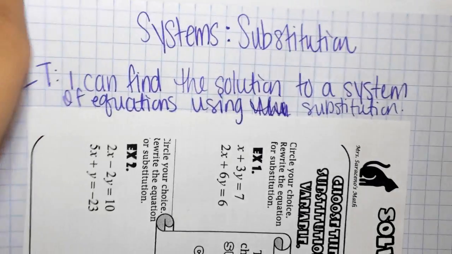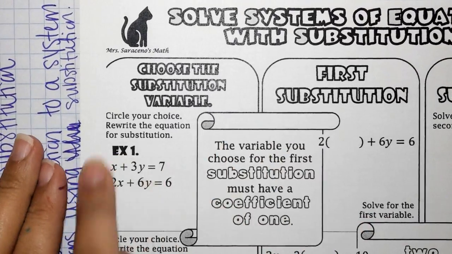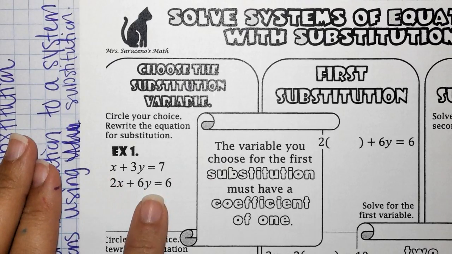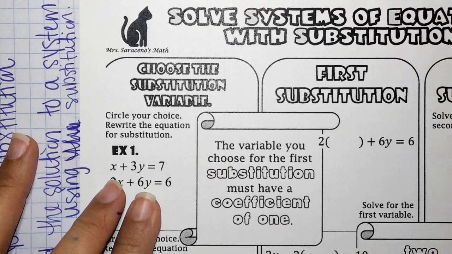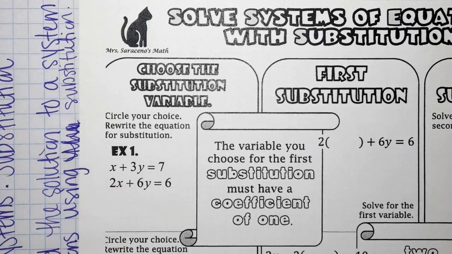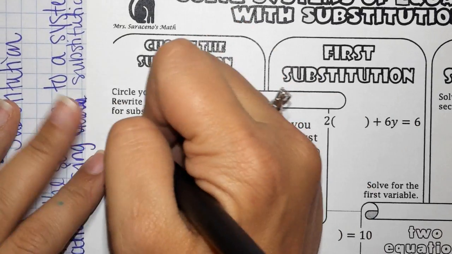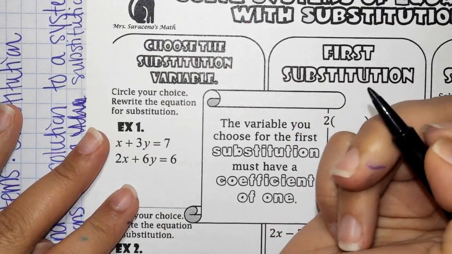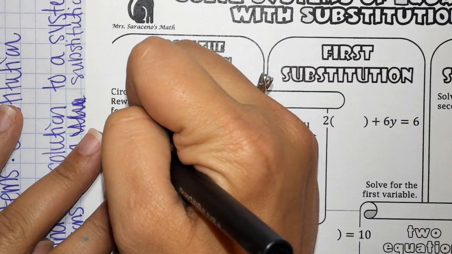So what I want us to do first is take a look at this problem. And we're going to change the 3y right here to an 8.